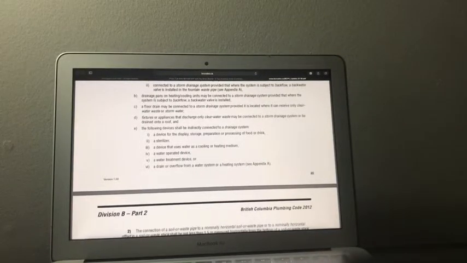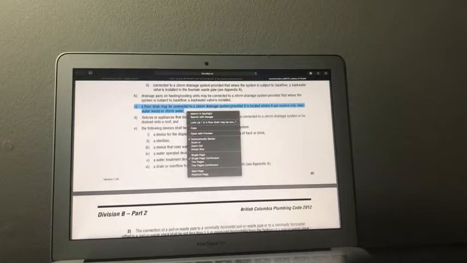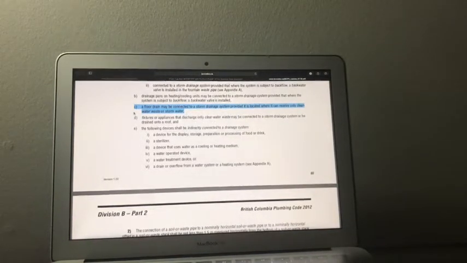So sometimes this floor drain may be connected to a storm drainage system, provided it is located where it receives only clear water waste or storm water. That's literally, sometimes you find on your drawings that your engineers draw your floor drain that's only going to receive indirect connections and clear water waste. They'll draw it to your grease line sometimes, when in fact your trade waste system is 3 feet away, and you could just tie it into there.